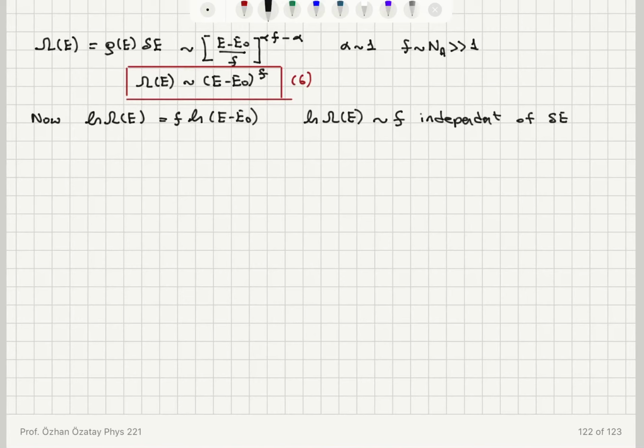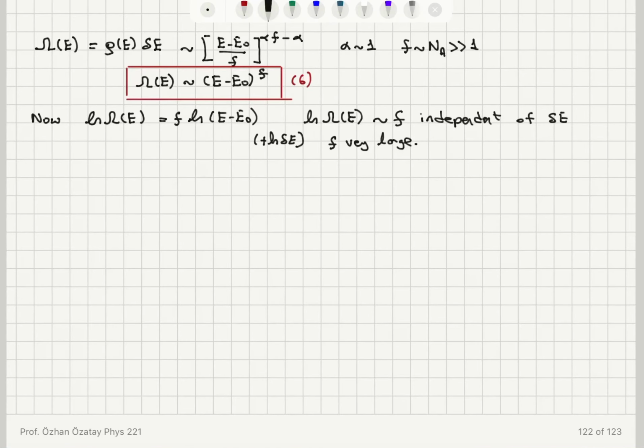Because you would have the natural logarithm of delta E coming into play here. So let's think about it. Natural logarithm of delta E coming into play here. But since f is very large, that term is negligible. So it's independent of delta E to a good approximation.